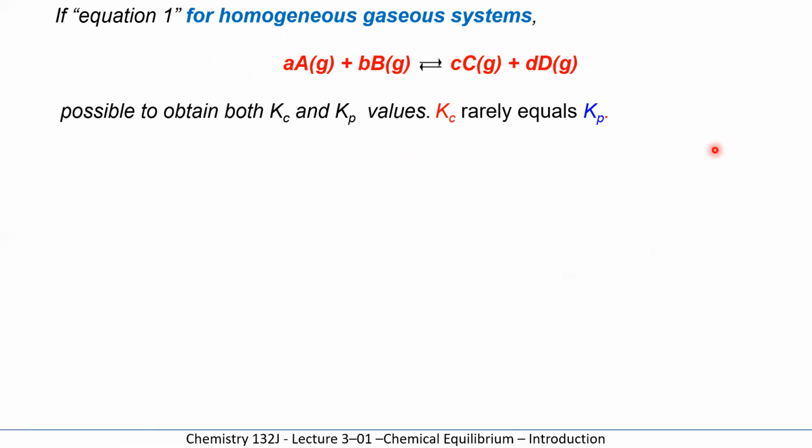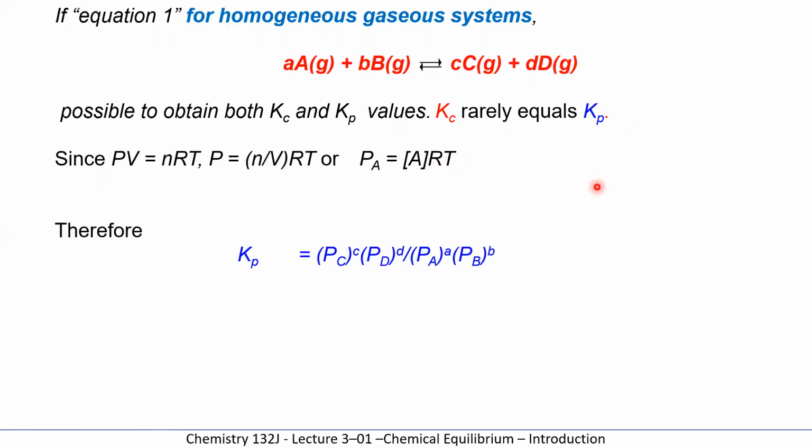Kc rarely equals Kp. So again, remember PV equals nRT. When we rearrange this equation, dividing both sides by V, P is equal to n divided by V times RT. In which case we can say the pressure of A is equal to the concentration of A, which is the number of moles divided by volume, moles per liter, times RT.